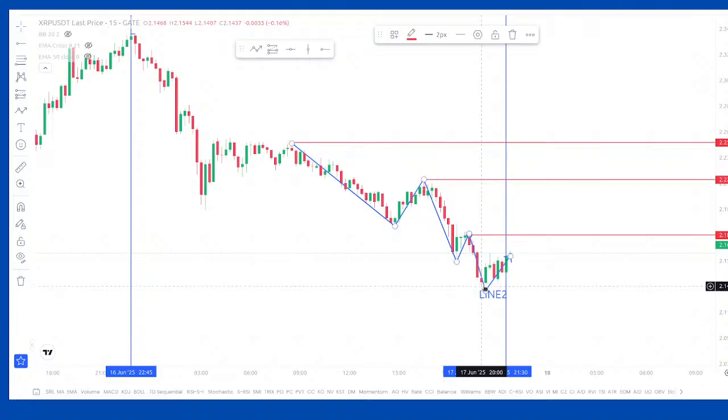We connect resistance to determine the downtrend. In case we were looking for an uptrend, we would connect supports. Don't confuse them. Now this is the point.